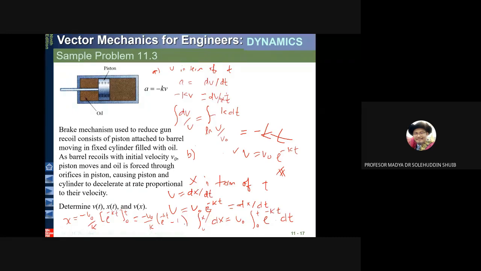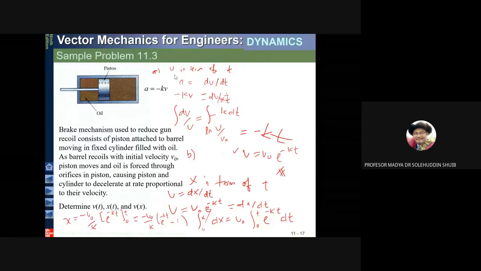So you can simplify it to make it positive, so positive v dot over k multiplied by 1 minus e to the power of minus kt. So that is part B.